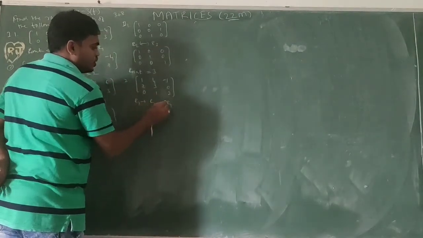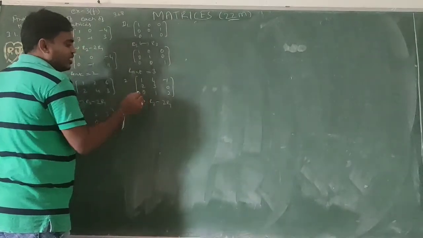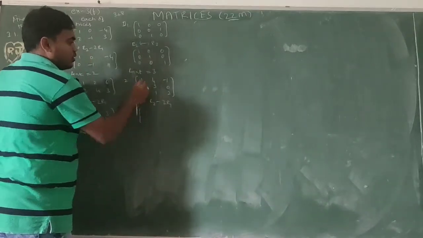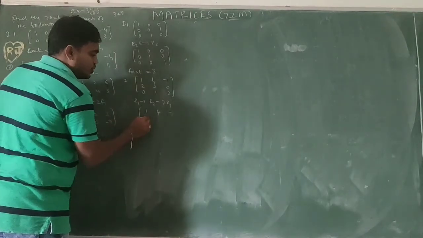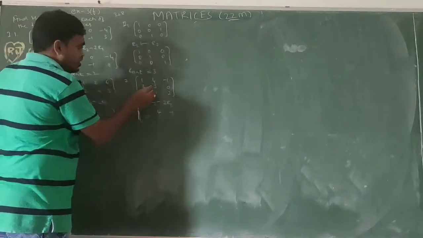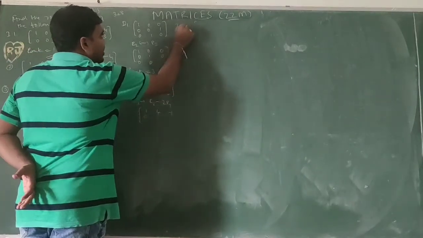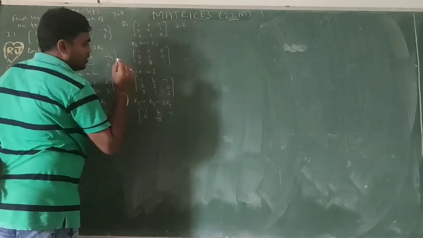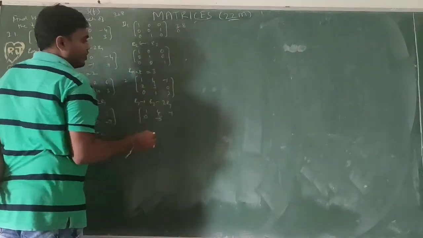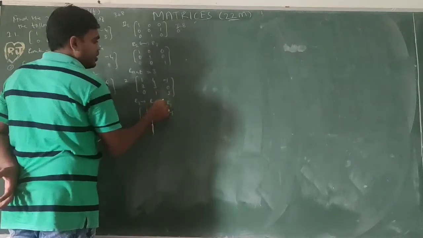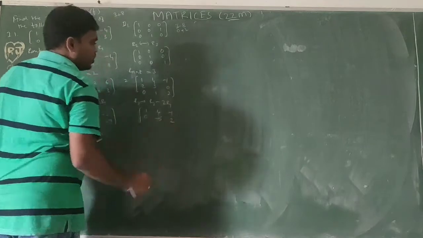This is 2, this is 1. Also, R3 is already 0, I don't want to change it. So 1 4 minus 1, then 2 minus 2 is 0. Next, 3 minus 2 into 4 is 3 minus 8, which is minus 5. Next, 0 minus 2 into minus 1 is plus 2.